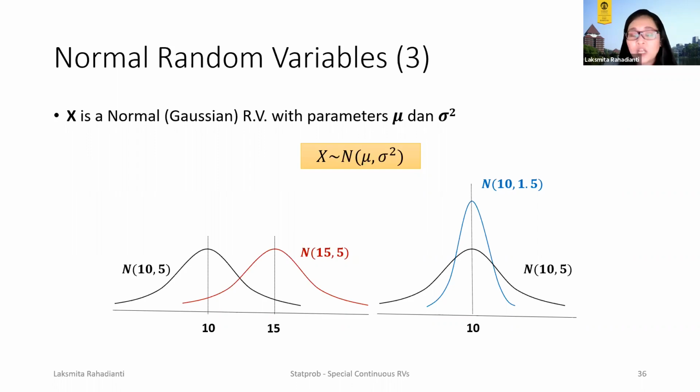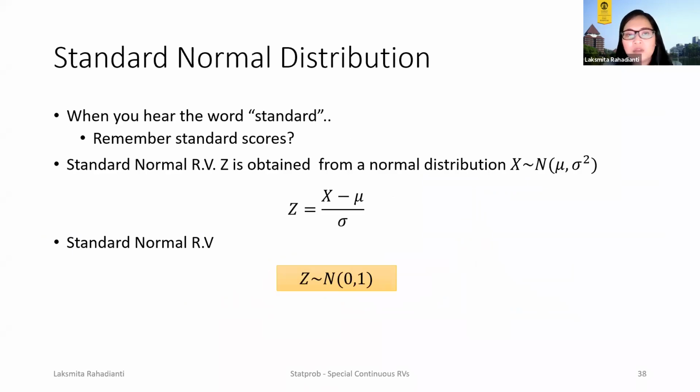As we already learned in descriptive statistics, instead of trying to compute these details for every single possible distribution, why don't I standardize my normal distribution? I want all of them to be centered at 0, and I want to use the standard deviation, whatever it is, as a unit of measure.